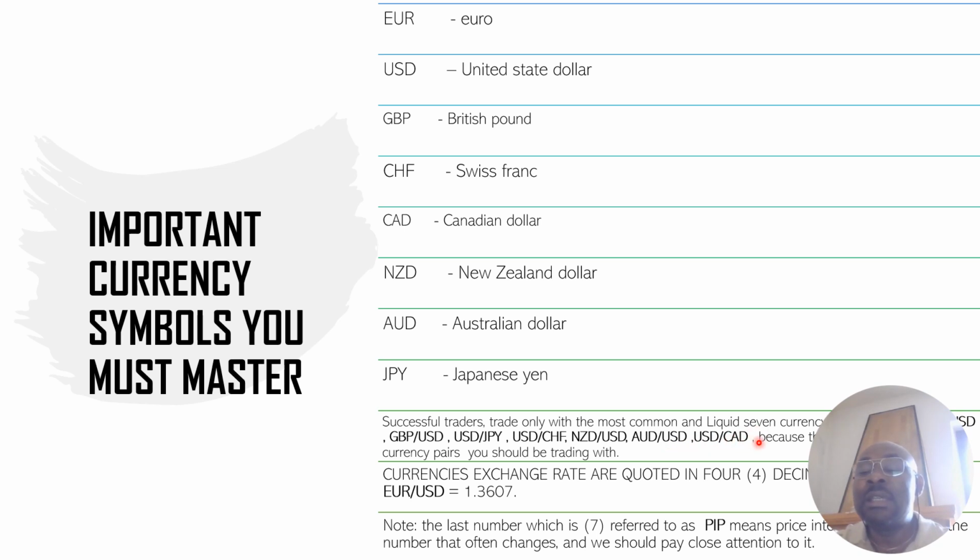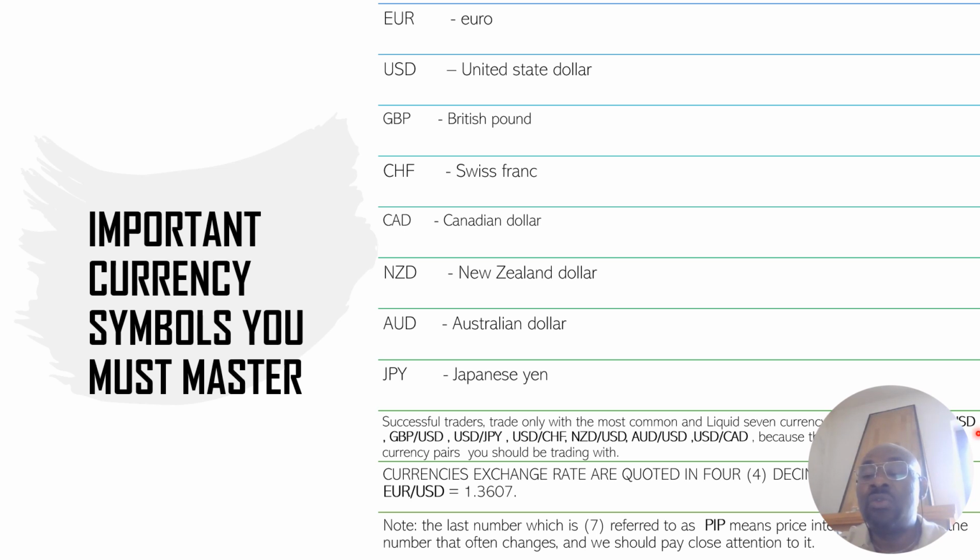These are the most common. Successful traders trade only with the most common and liquid 7 currencies. For example, EUR/USD, GBP/USD. This is how you quote and pair currencies.